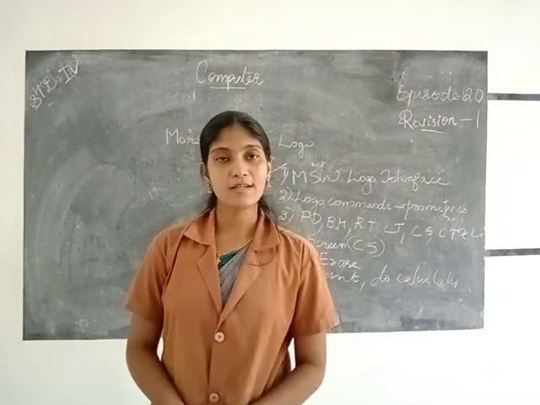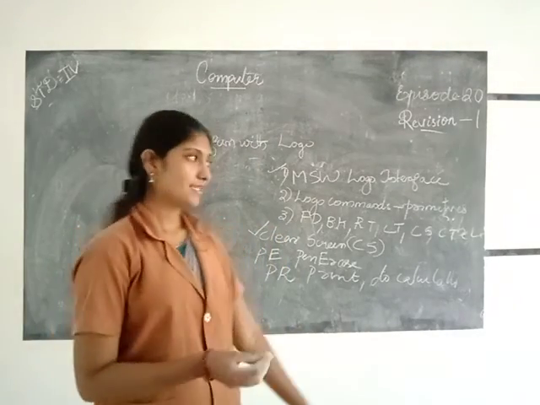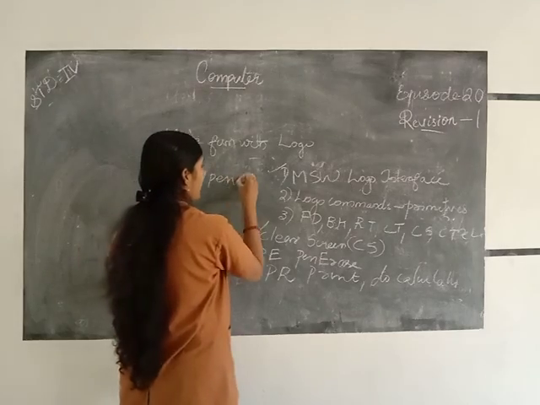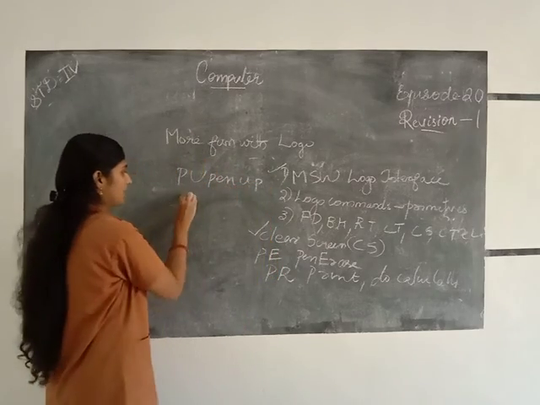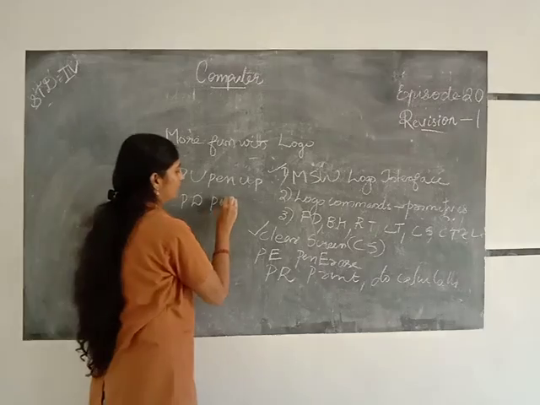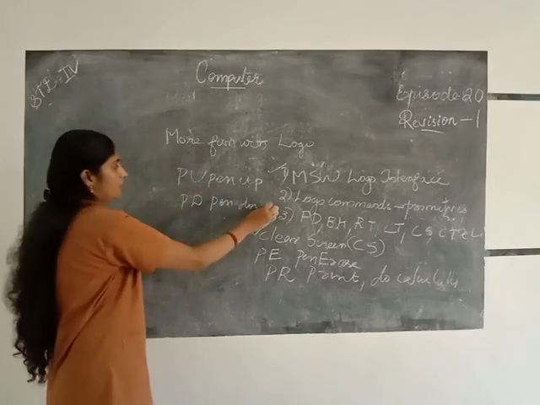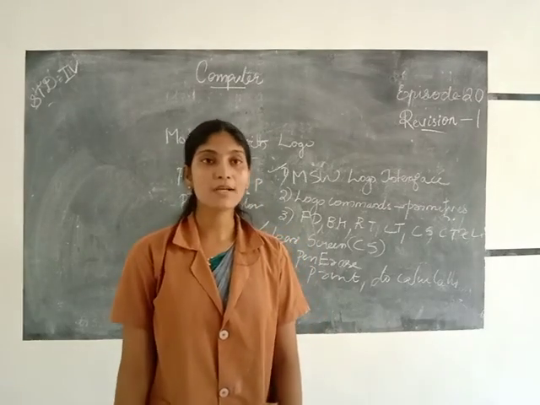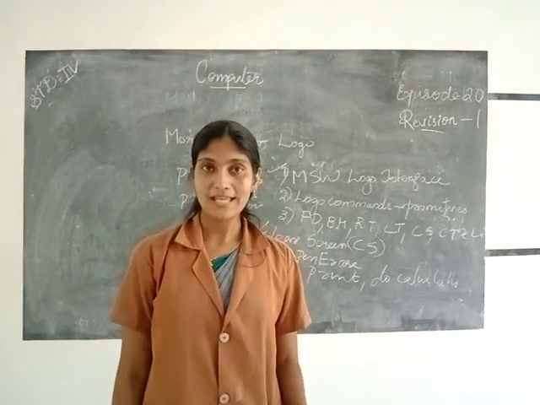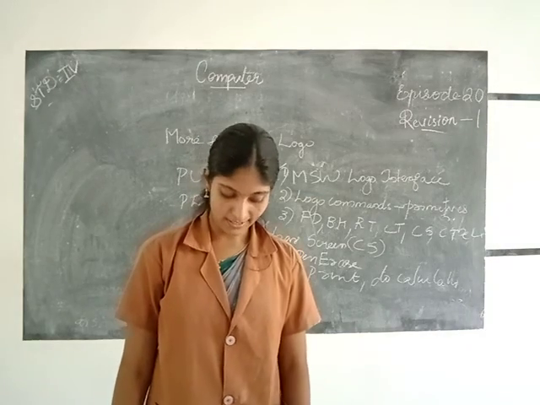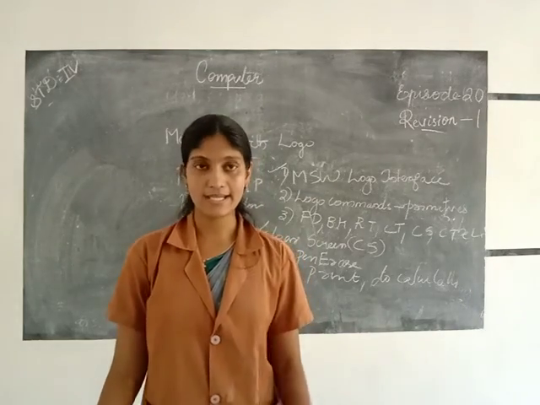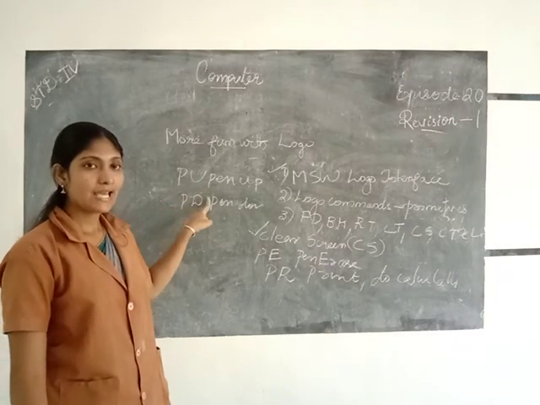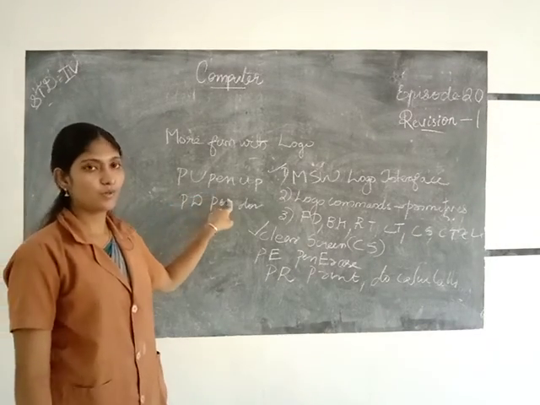Then what is the difference between PU and PD? PU means pen up and PD means pen down. The PU command picks the pen up so that it can move without drawing lines.